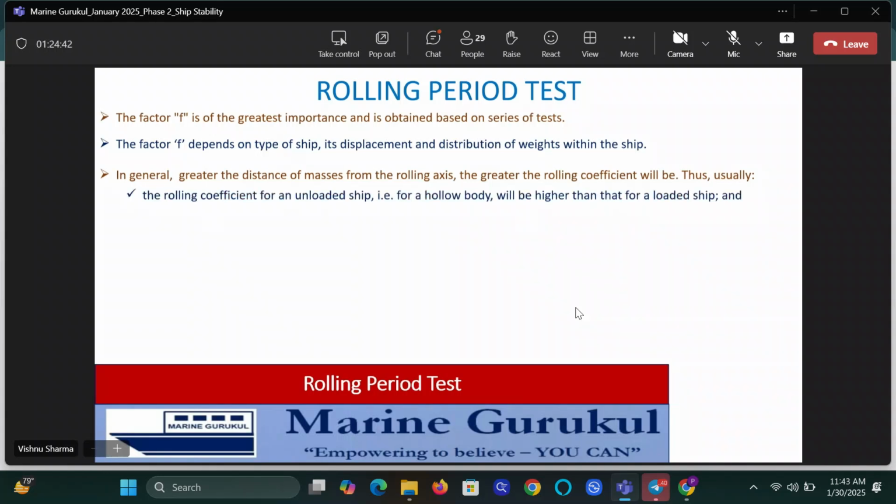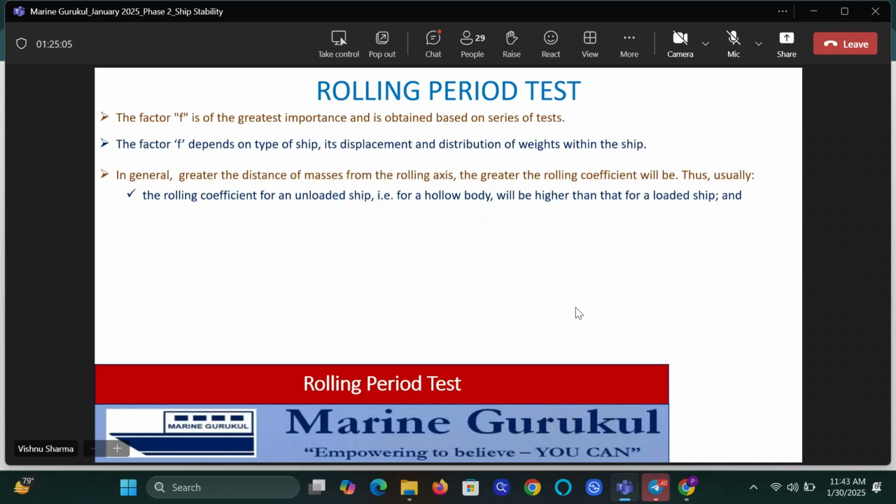Thus, usually, the rolling coefficient of an unloaded ship is usually higher. For the same ship, if you see its rolling coefficient in the ballast condition, it will be more than what it is in the loaded condition. Why? Because when it is in ballast condition, the ballast and the fuel is usually carried down below in the double bottoms.